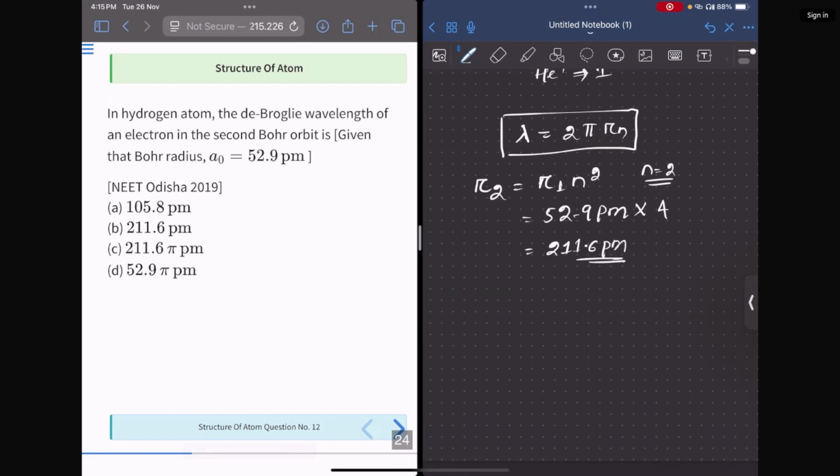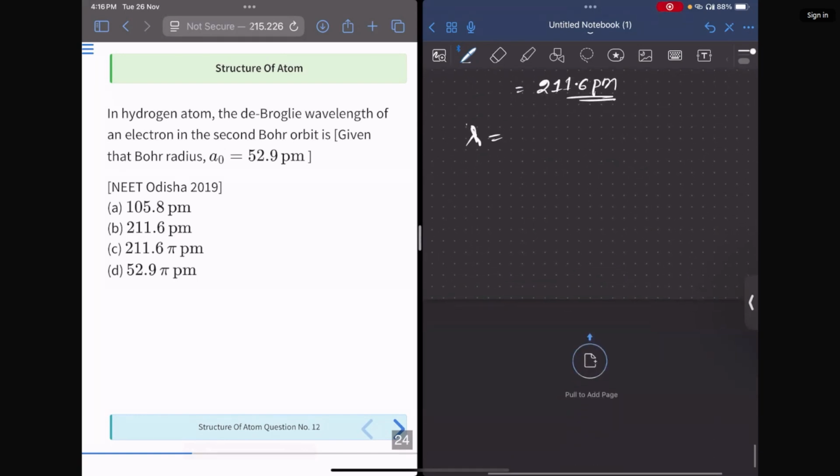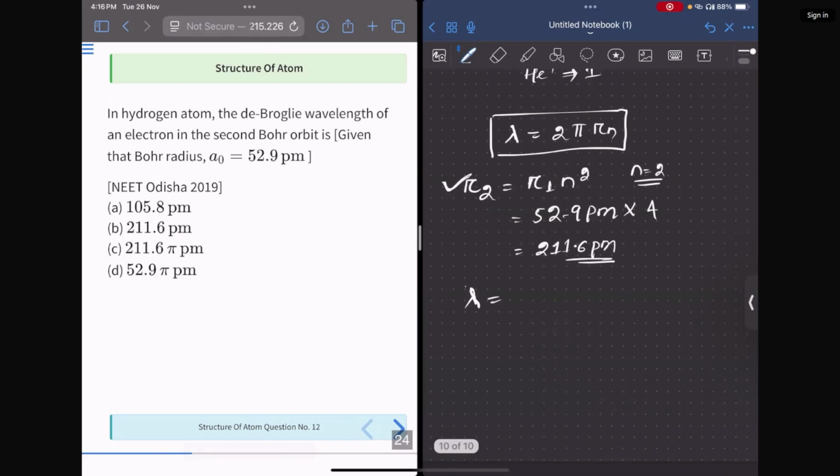There's the radius. Let's find out the lambda. The radius is 211.6 picometer. Lambda is 2 pi r2, 2 pi into 211.6 picometer.